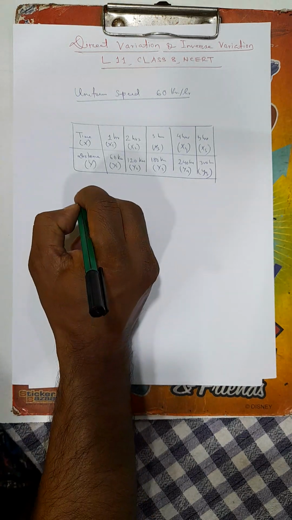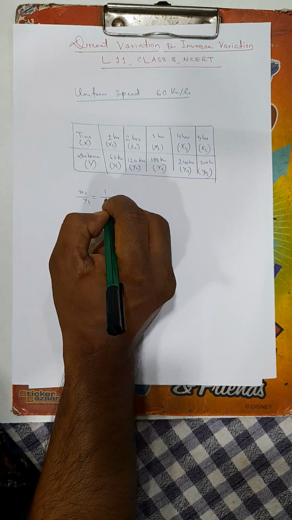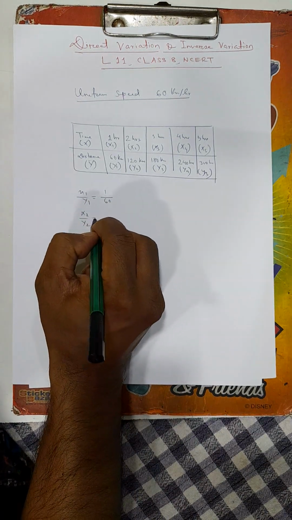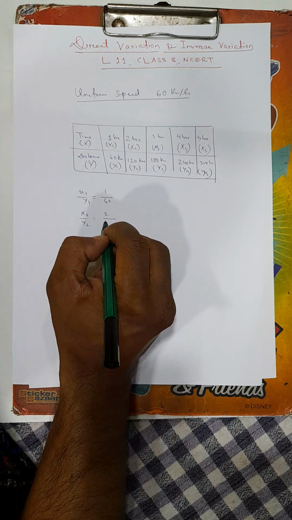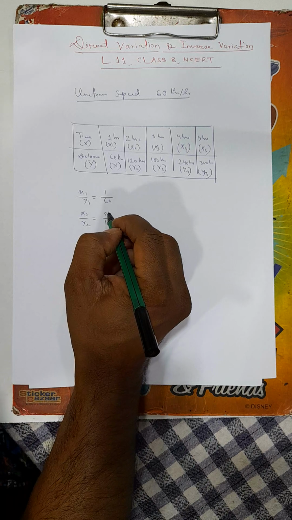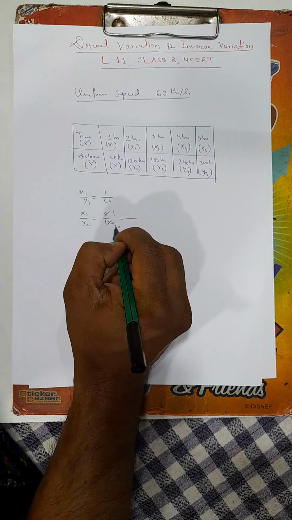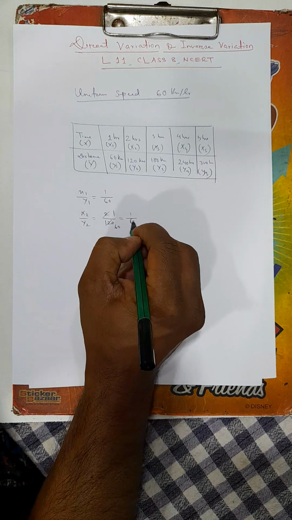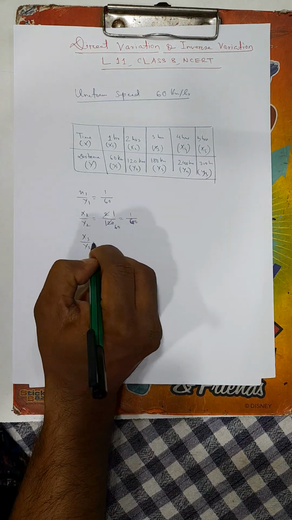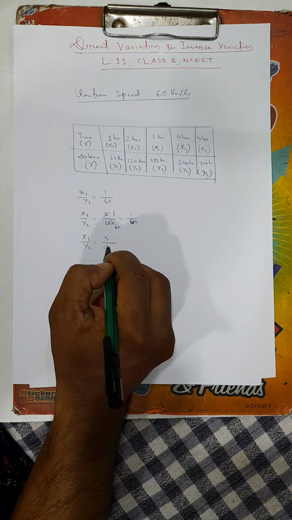Now every time you see x1 divided by y1, this is 1 by 60. x2 divided by y2 is 2 divided by 120. If you simplify this into lowest terms, you will find that this is again 1 by 60. Third case, x3 divided by y3, it is 3 divided by 180.